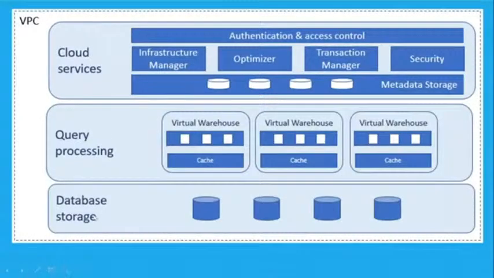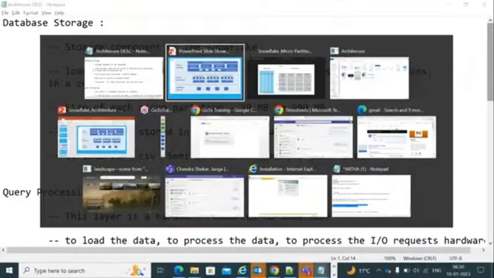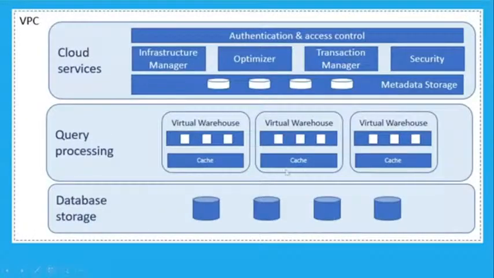We are done with the database storage layer discussion, and then we'll go to the query processing layer. This query processing layer is also very much important. In a single word, this query processing layer is the virtual compute warehouse.